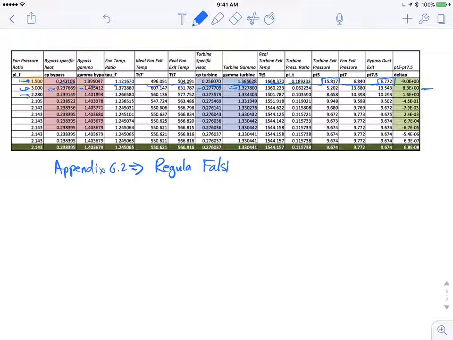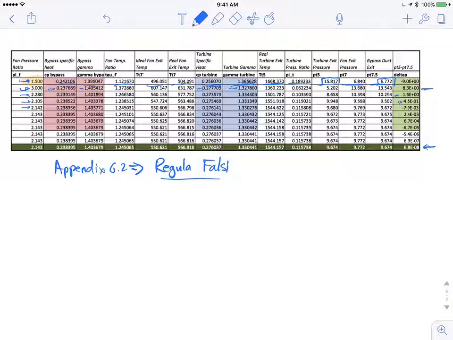So we used to have a difference of 9 and 8 psia at the exit. Now we're down to 1.6. Next iteration we're down to 0.45, and very quickly you'll see it converges down here to the end where they'll agree within 10 to the minus 8th, or very near to 10 to the minus 8th. So after the third iteration, we're always going to be updating our guess of pi f using this Regula-Falsi method.